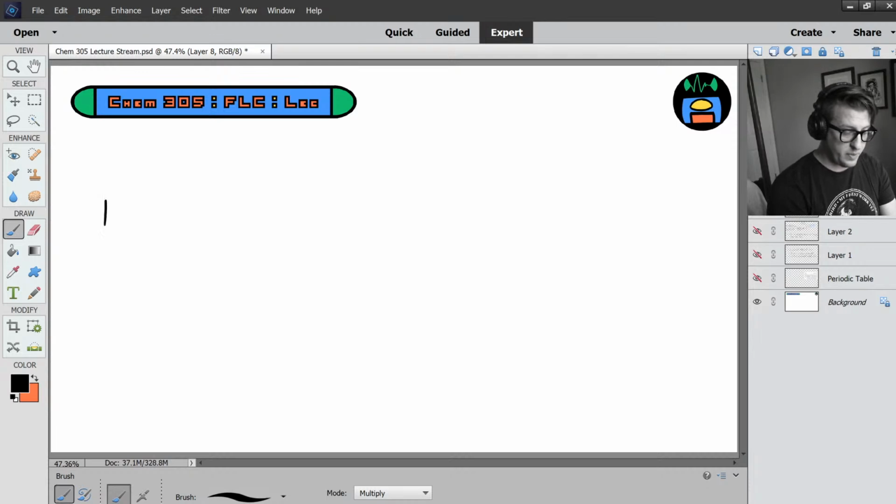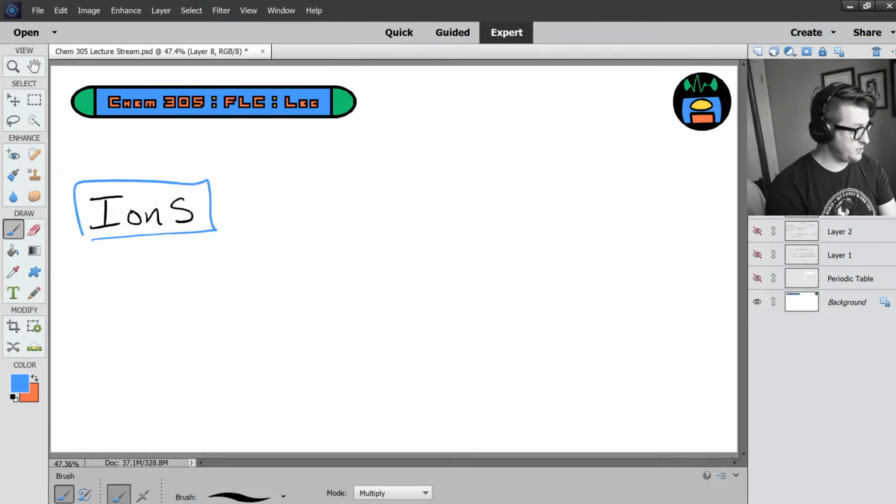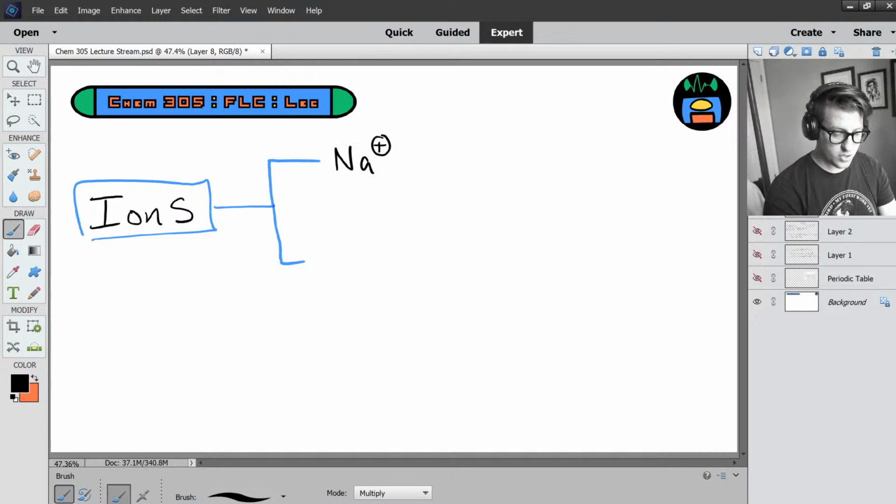And before we leave this topic, I want to say that ions actually come in two flavors, all right? Just like we saw with sodium and fluorine, right? Sodium had a net charge of 1.